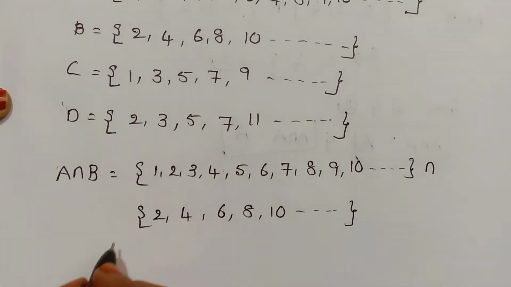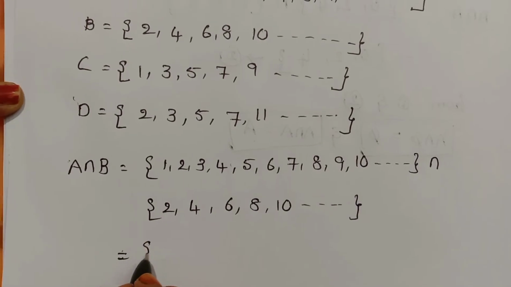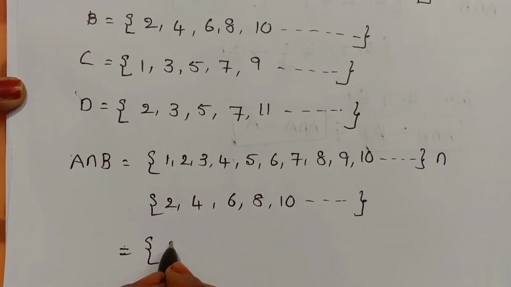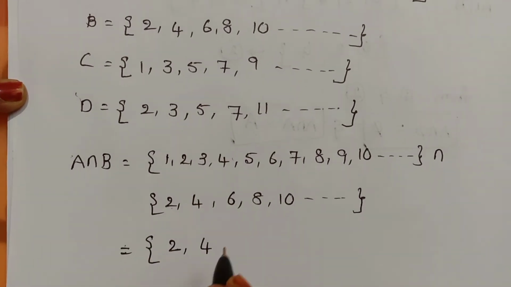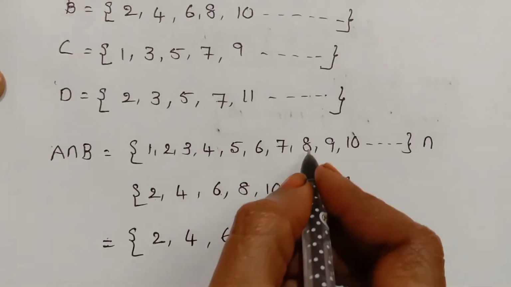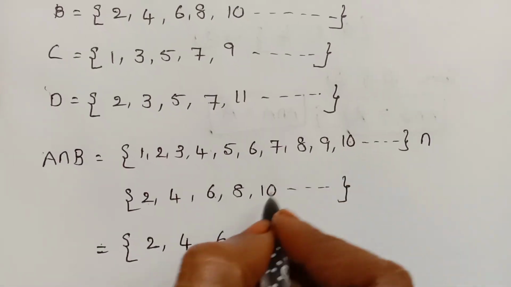Intersection means the common elements: 2, 4, 6, 8, 10.